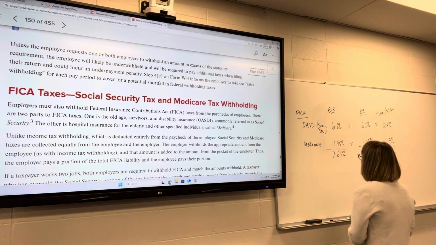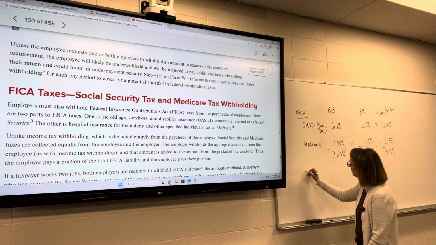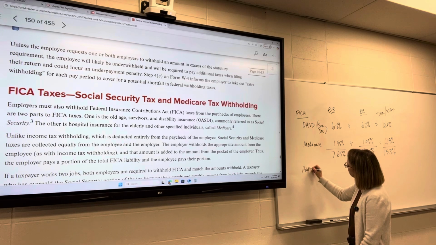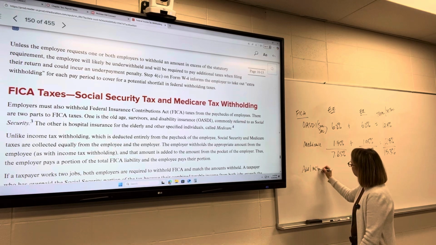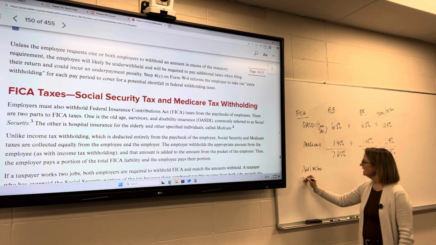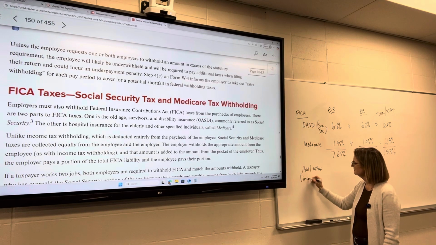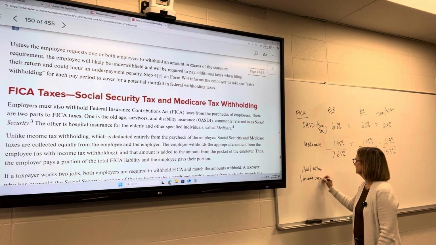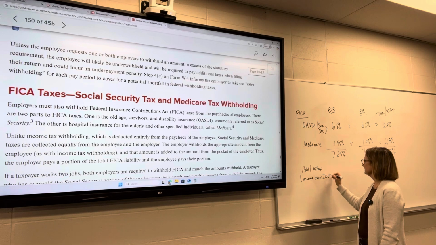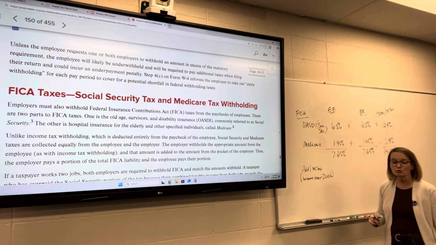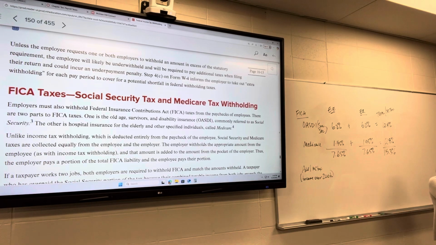There is an additional Medicare tax, which is on incomes over, again, I'm sorry about the squeaky, it's only applied once income reaches $200,000.